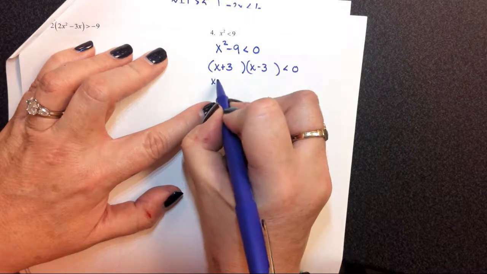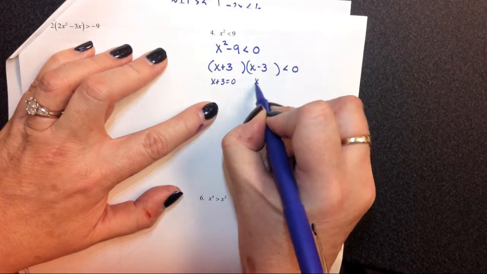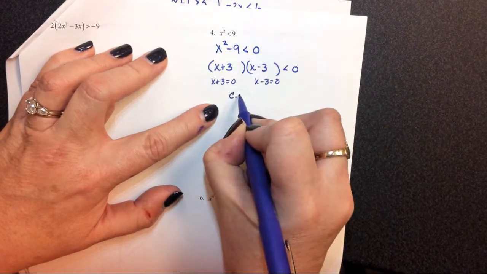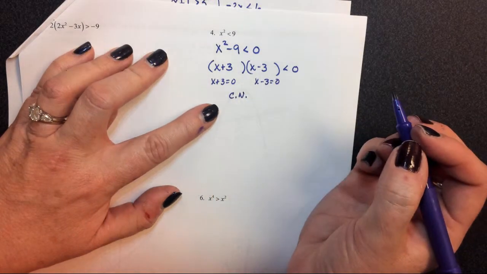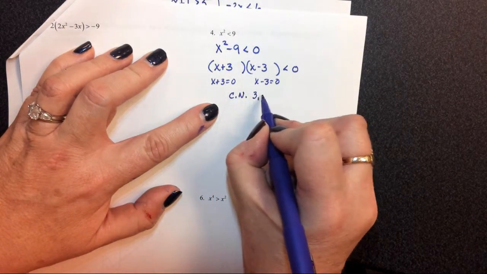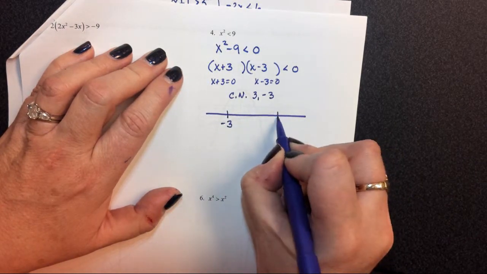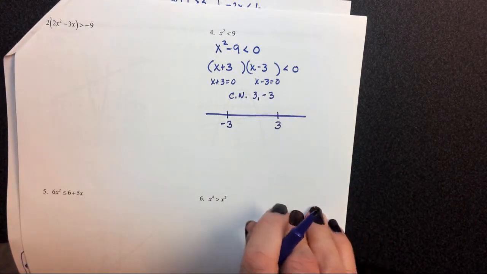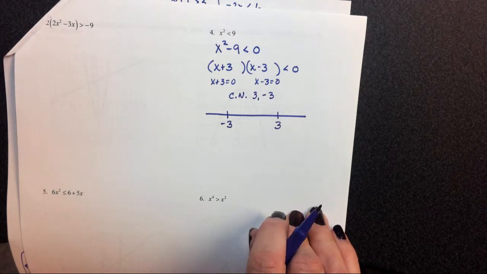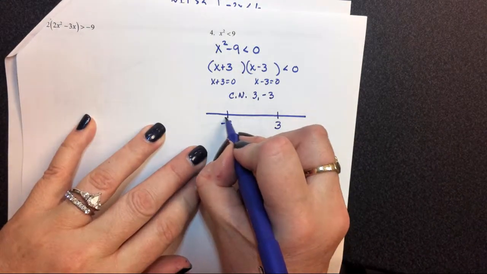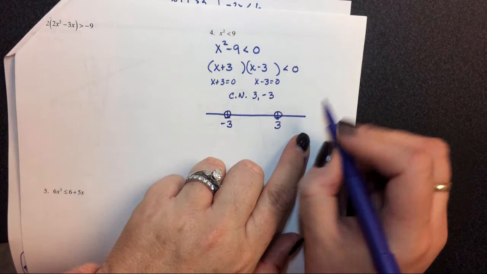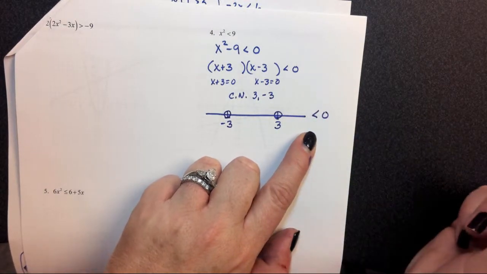So again, I set each factor equal to 0. So then what are your critical numbers going to be? 3 and negative 3. Now, what kind of circles am I going to put above negative 3 and 3? Open. Why? Because it's just less than 0.